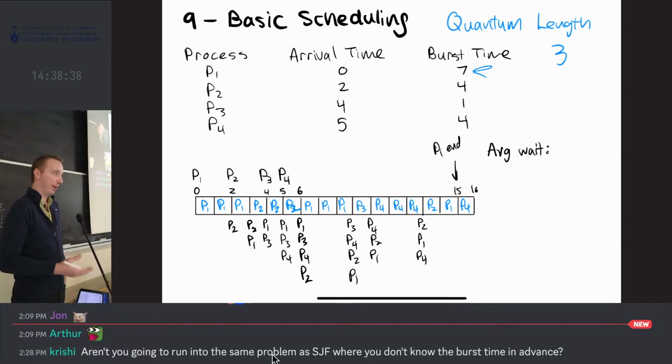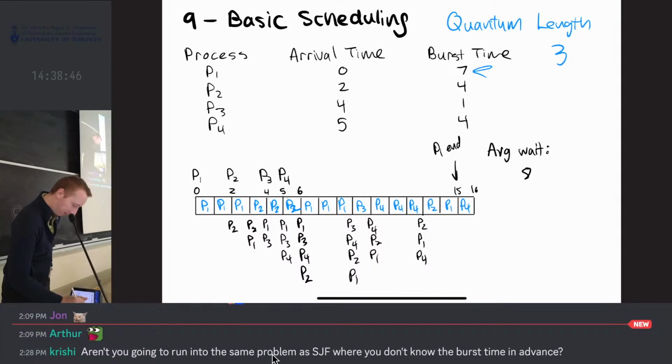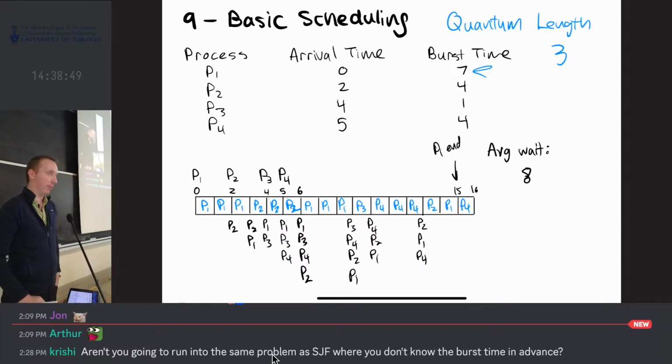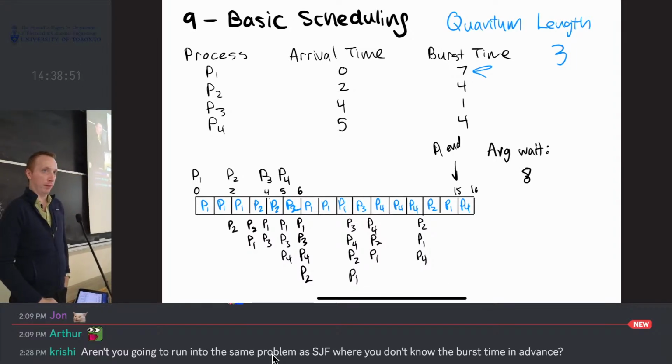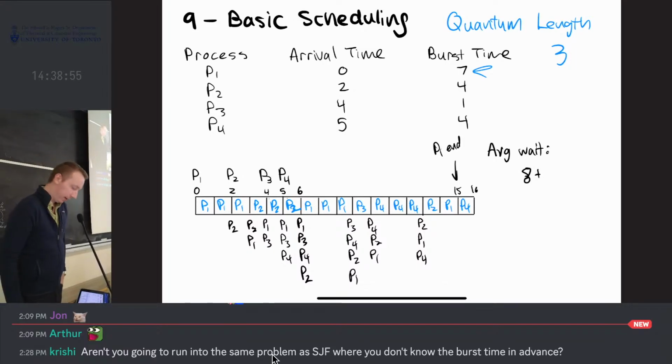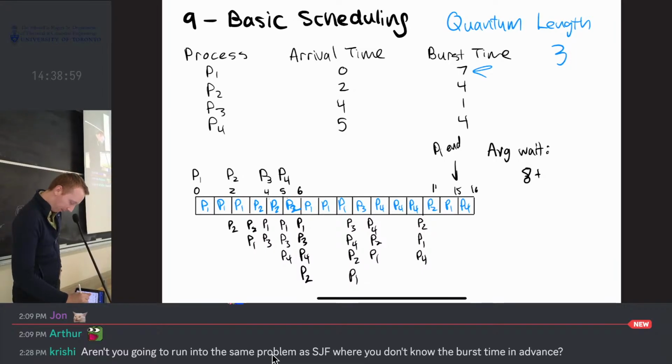We can do that shortcut again. So it was around for 15 time units. Its burst time was 7, so 15 minus 7 means that P1 was waiting around for 8 time units. Now we have to figure out the waiting time for P2. P2 ended at time 14.